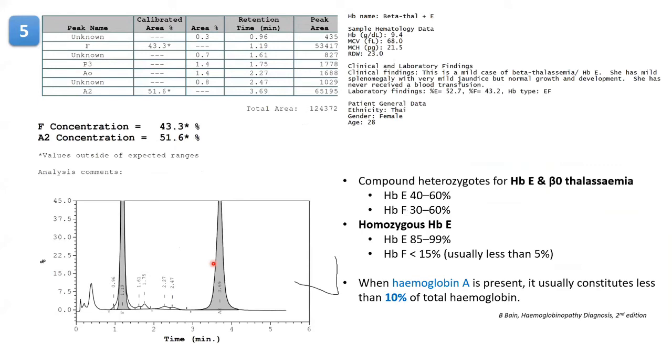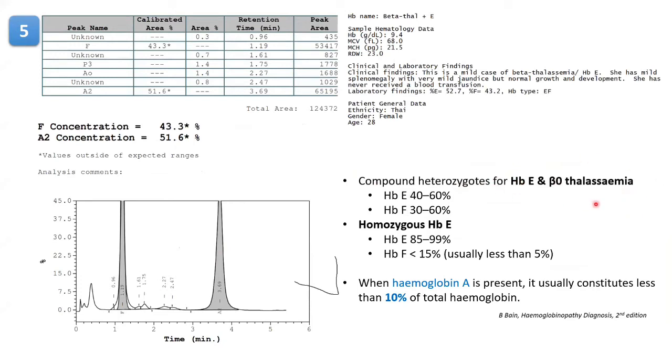So this is a representative case of a compound heterozygous state. I've put this in because it is also commonly encountered, because of the interactions between hemoglobin E and beta thalassemia. When one parent has hemoglobin E trait and the other parent has beta thalassemia trait, the child can have the possibility of compound heterozygous hemoglobin E beta thalassemia.